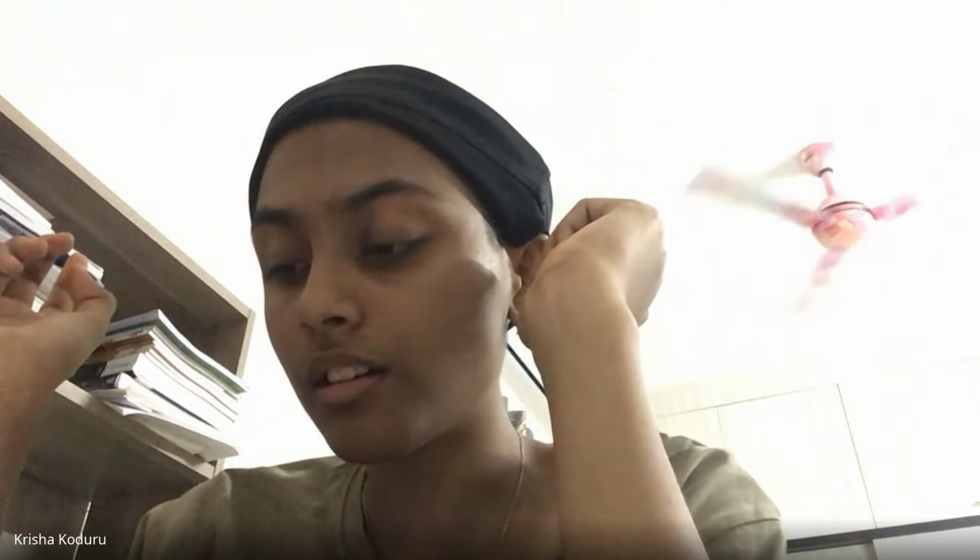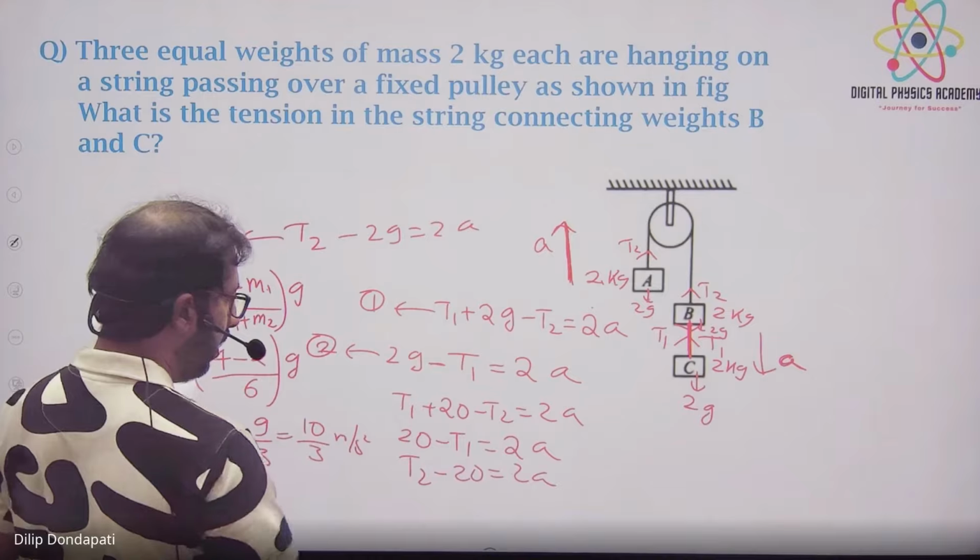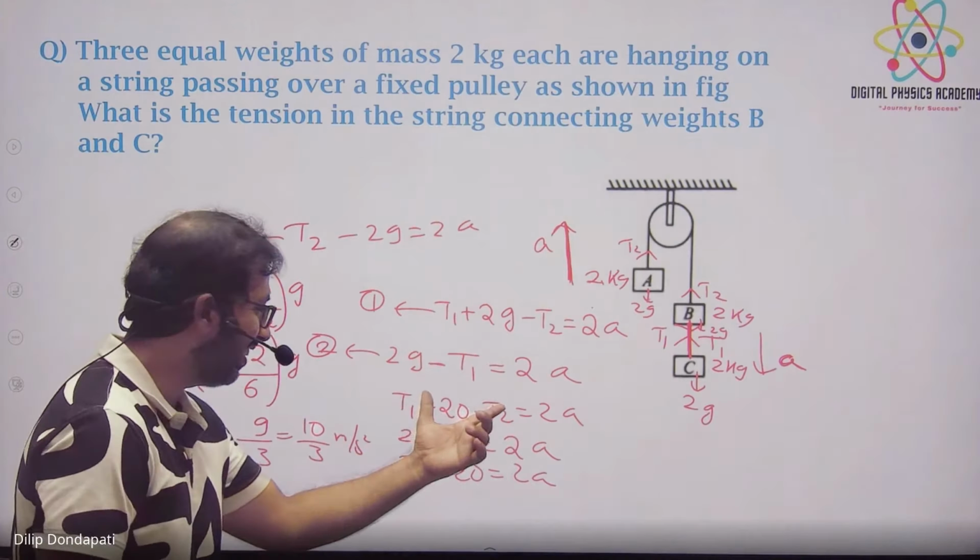I drew the free body diagrams, and then later in that T1, T2 equation, in the first equation I substituted the T1 value and then the T2 value. Okay, this is the first equation, second equation, third equation.